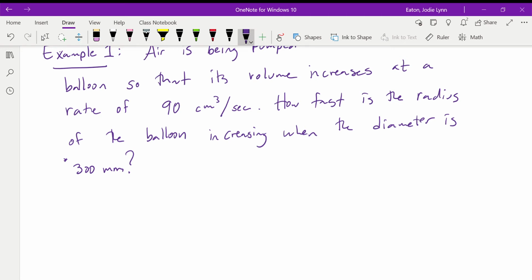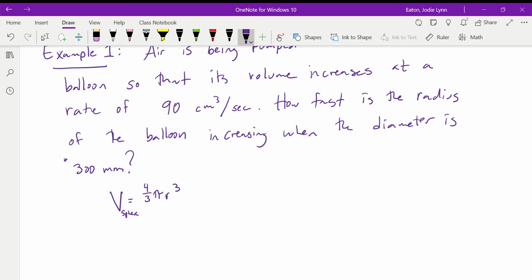We know the diameter. We're looking at a rate of 90 centimeters cubed per second for volume. So we're looking at volume and radius. How can we relate them? We have a volume equation. The volume of a sphere is 4/3 pi r cubed.